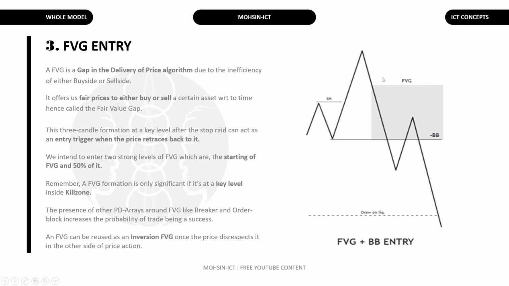We have some higher time frame key level above the price as the stop run, and then we react aggressively, breaking a low. After breaking this low, we look for the fair value gap within this leg, and once we find it, when price comes back into it, retracing up, we execute toward our drawn liquidity if we are bearish, being short, and we can reverse it for the bullish market.